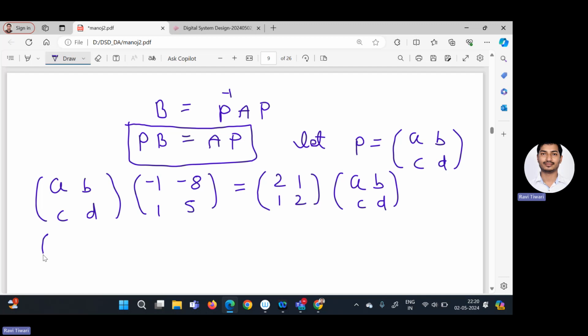So for the first row, you get -A plus B, and -8A plus 5B. Second row, -C plus D, and -8C plus 5D.